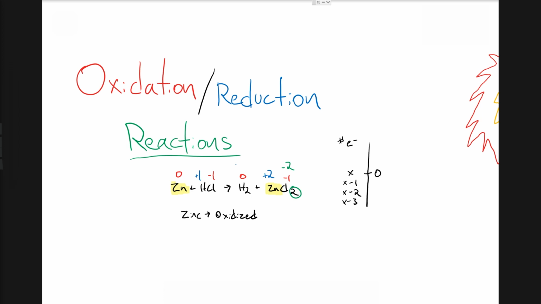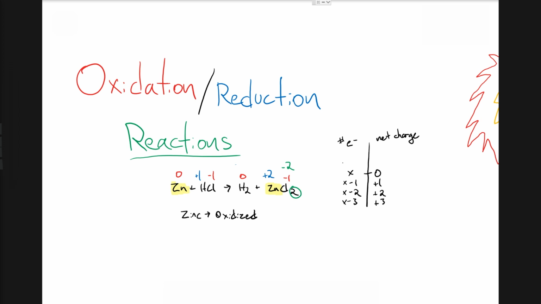And if you're losing electrons, then that means that you have less negative charge. But the only thing that you're losing is electrons. You're not losing protons. So if you're losing electrons, but you're not losing protons, that means that as you lose those negative charges, your net charge will increase. So +1, +2, +3. See that?